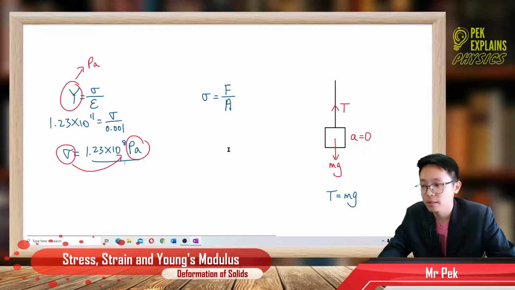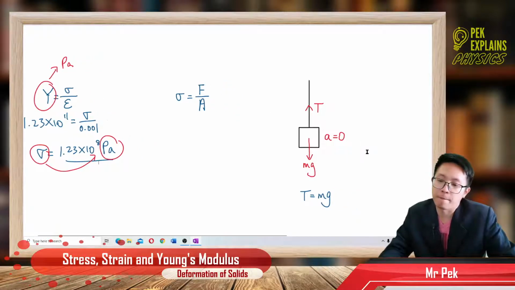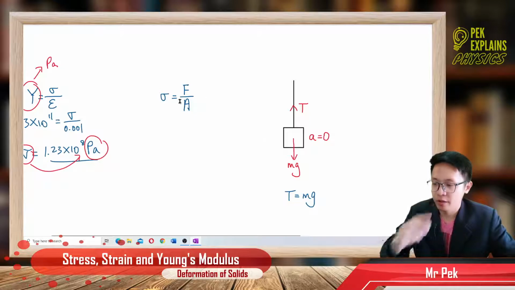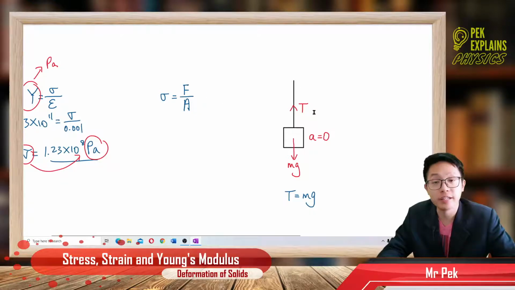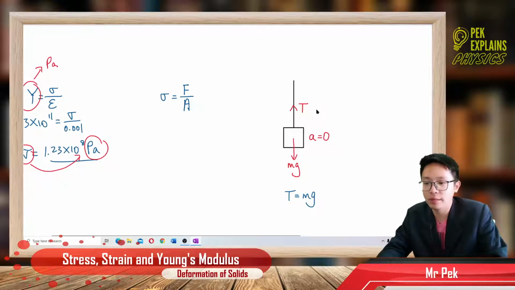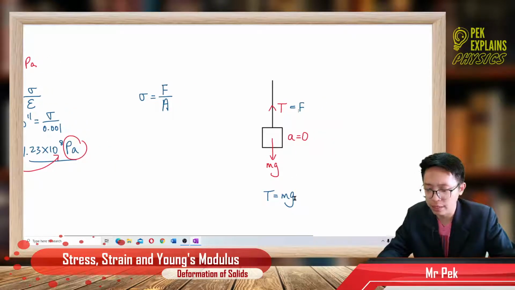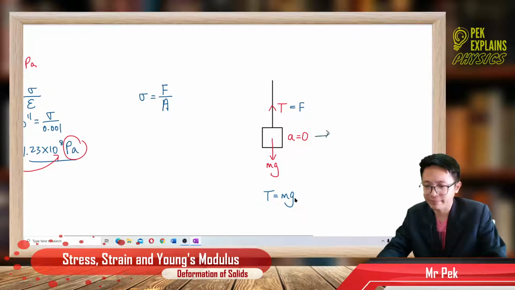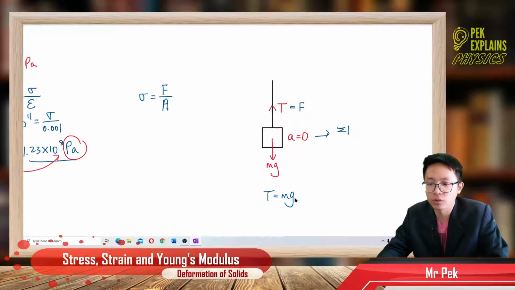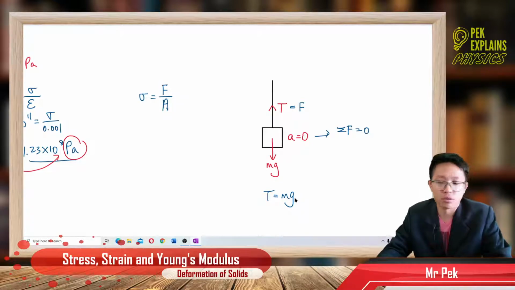I got the stress. Now I want to find the mass. So you see, the force in the wire is actually the tension, and this thing is in equilibrium. So that means tension equal to mg. Do you know why? Because when acceleration equal to 0, total force equal to 0.